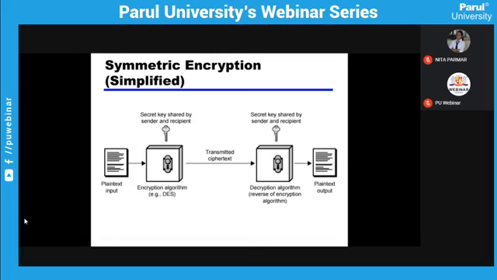When the receiver receives this ciphertext, he will decrypt this text using the decryption algorithm already available with the receiver, and he will use the secret key which is shared between sender and receiver, and finally the receiver will obtain the plain text. So in output he will get the actual message that is to be conveyed.